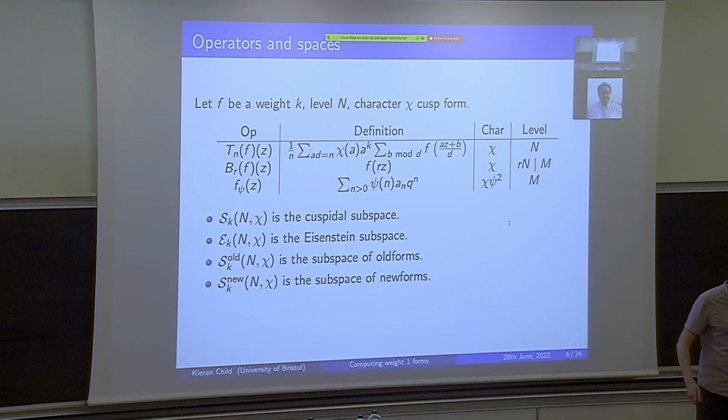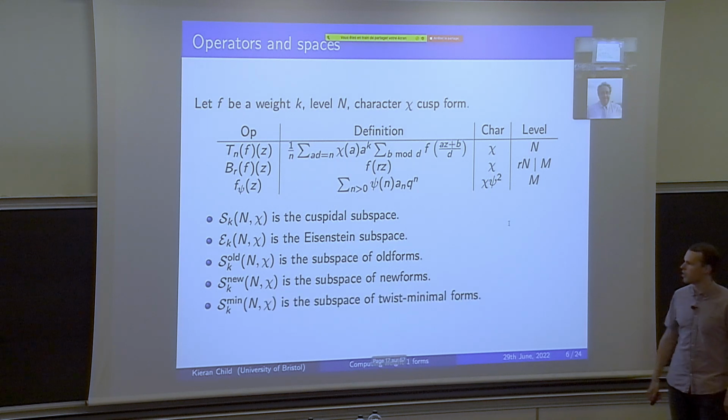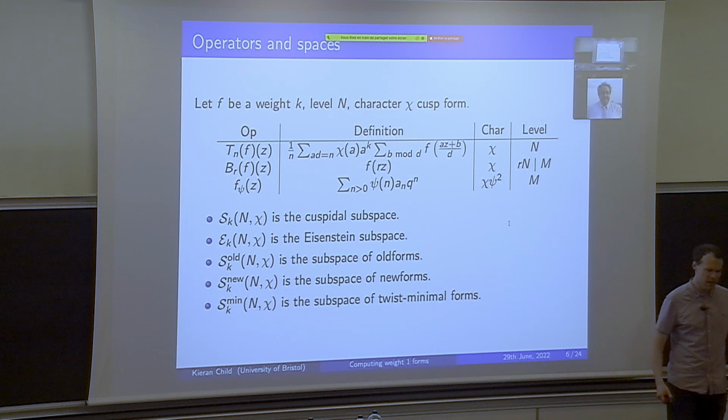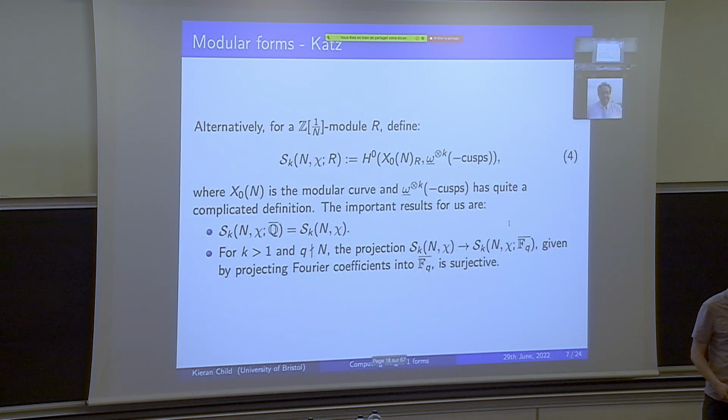So we rule out the old forms. Similarly, if you're working level 25, there may be new forms which are twists from level 5 or from level 1, and the orthogonal complement of those, the ones that aren't twists from lower levels, we call the twist minimal space and the twist minimal forms. They're new forms, eigenforms, which aren't twists from lower levels. That's all that is.